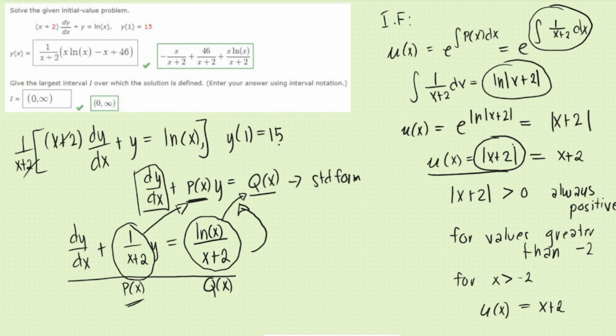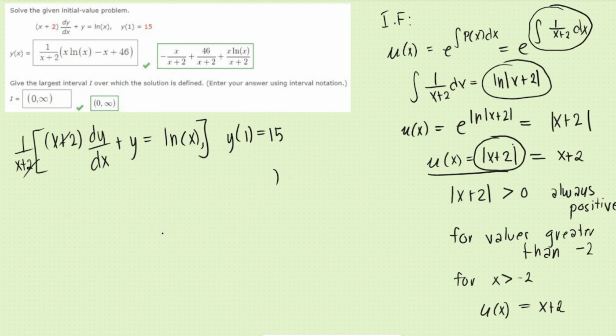So let's use our integrating factor. The differential equation, remember, is dy over dx plus 1 over x plus 2 times y is equal to ln of x all over x plus 2.